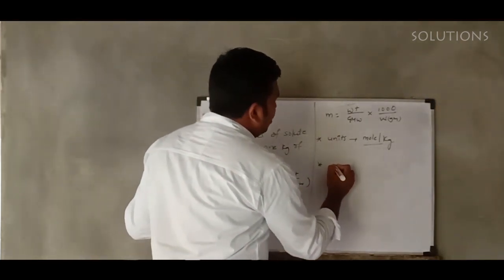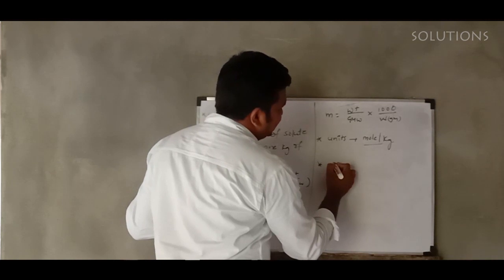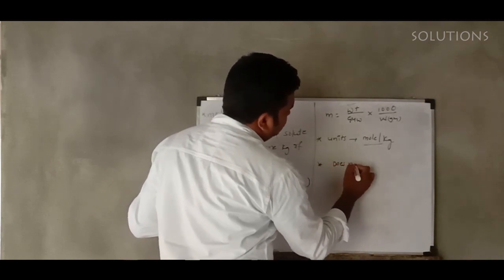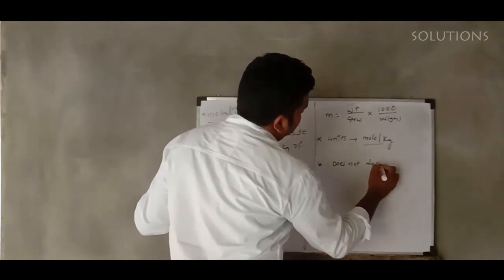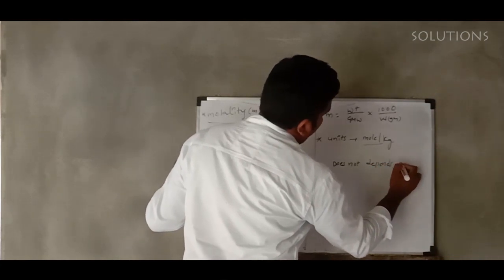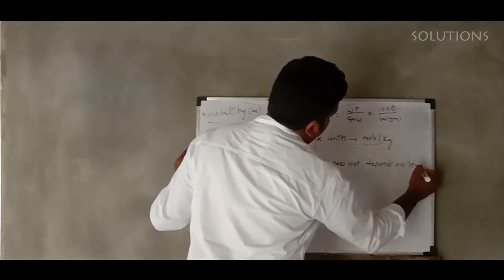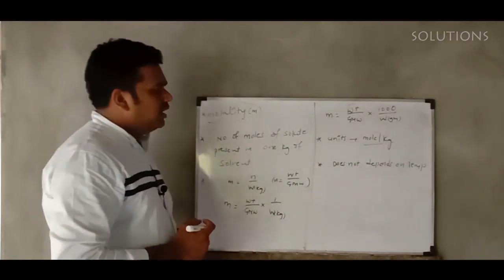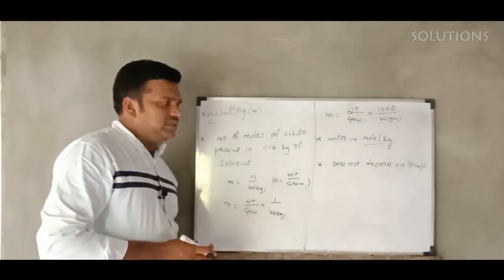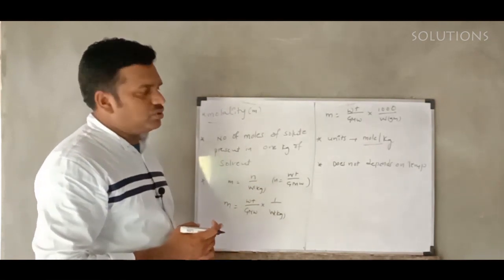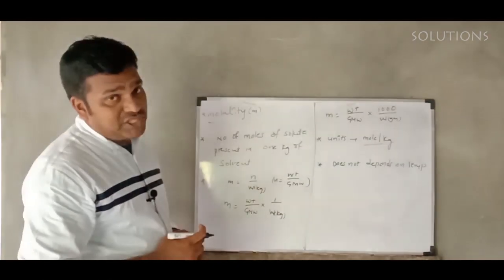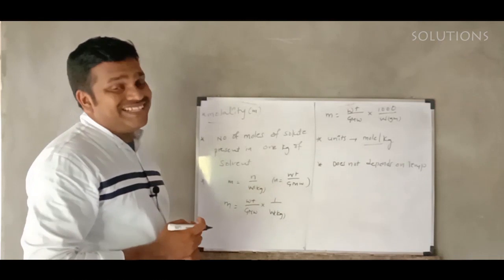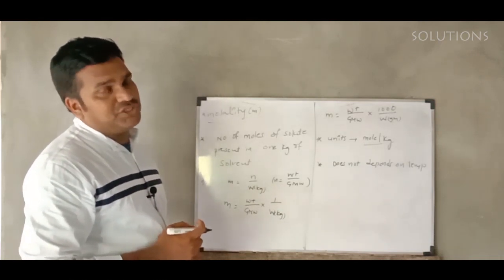Molality does not depend on temperature. Why? If any volume factor is there, it definitely depends on temperature. Here there is no volume factor, so molality does not depend on temperature. We can say it is independent of temperature.